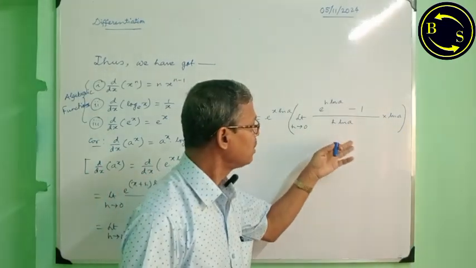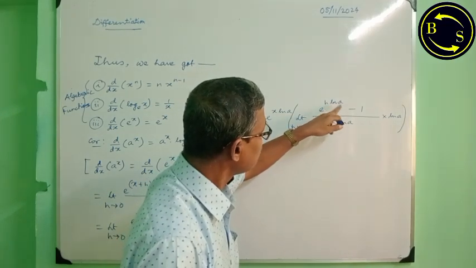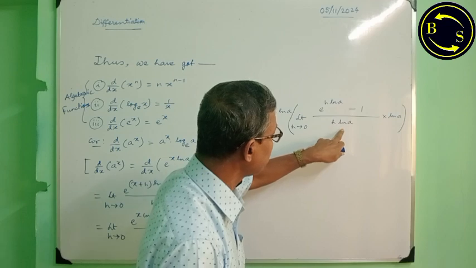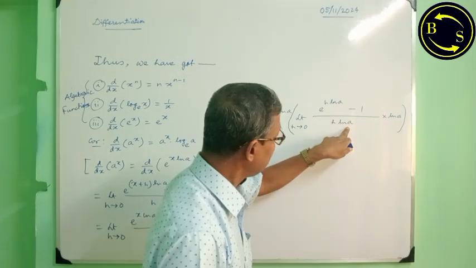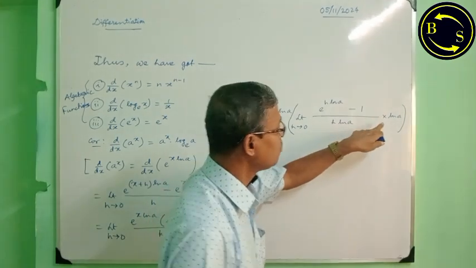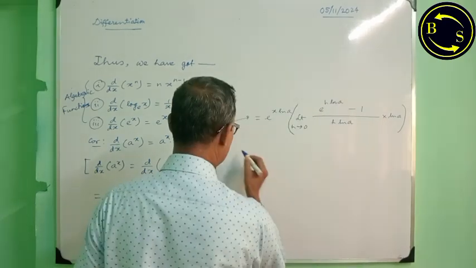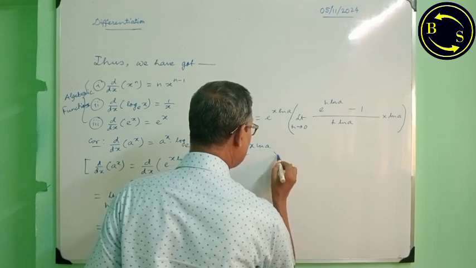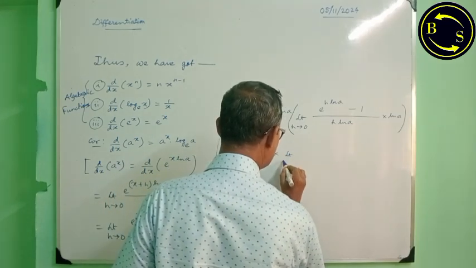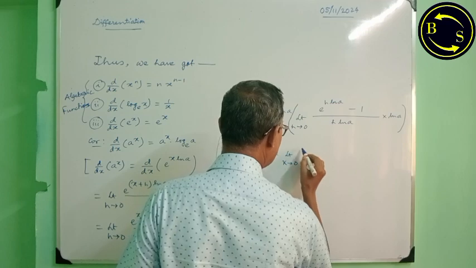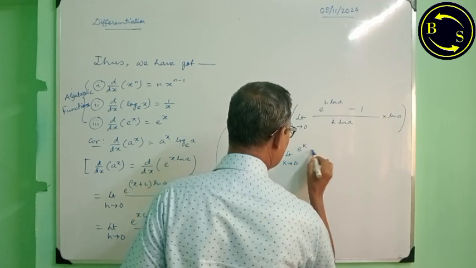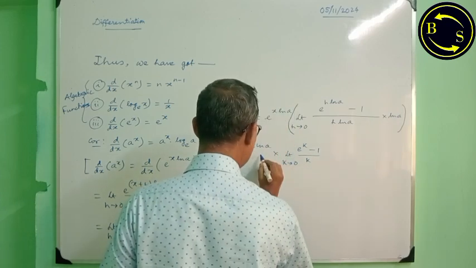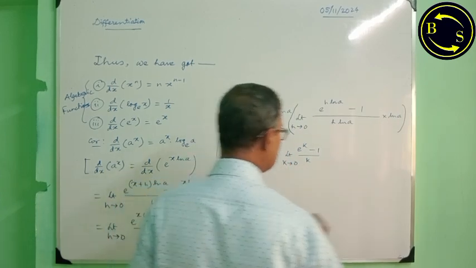To use the standard limit, h log a is there as an index of e, therefore we have to take it at the denominator, and for balancing we have to multiply the whole by log a. That means e to the power x log a into limit, say k tends to 0, (e to the power k minus 1) by k, and this log a will be placed here as it is constant.